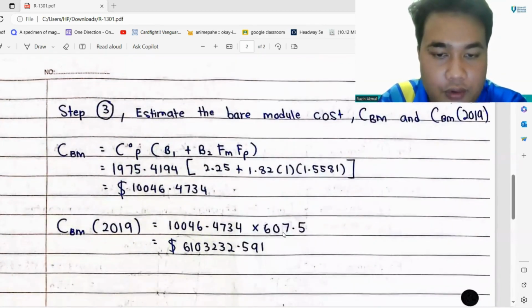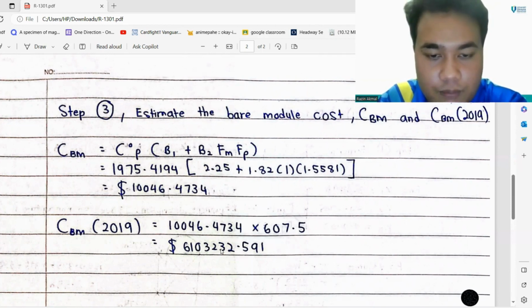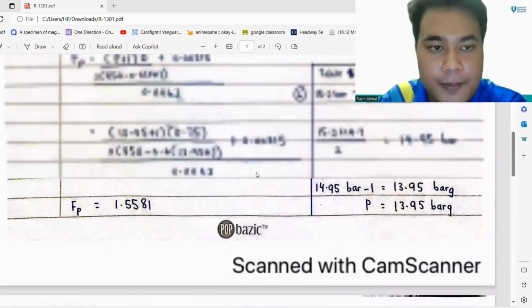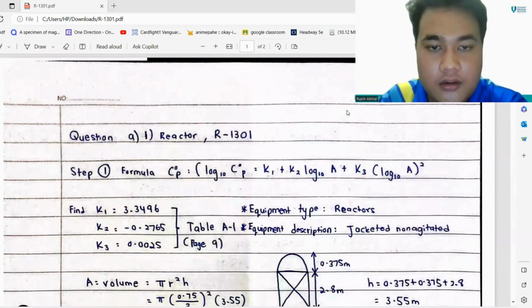And lastly, using step C to find the bare module cost for 2019, we multiply CBM by 607.5, and then we get the final answer, 6103232.591. That's all for question A1, reactor R1301. Thank you.